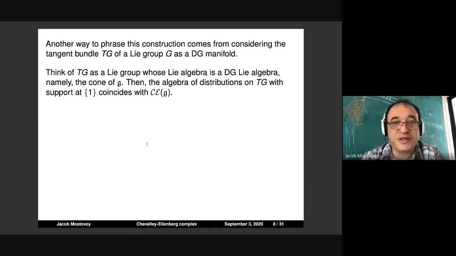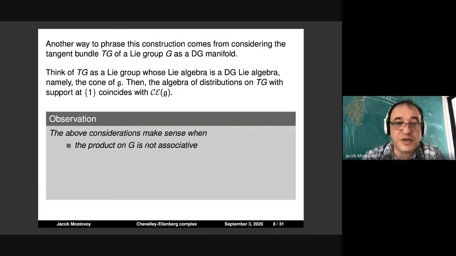Just imagine that it is one. So the tangent bundle of a Lie group is again a Lie group, and its Lie algebra is going to be the cohom on G. So the distributions on this differential graded Lie group with supported one is the same thing as the Chevalley-Eilenberg complex.